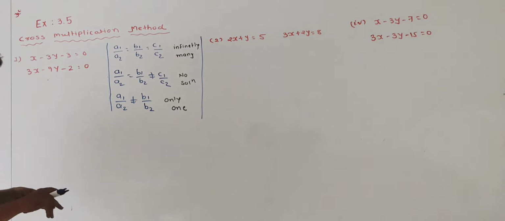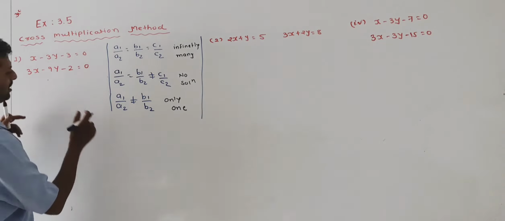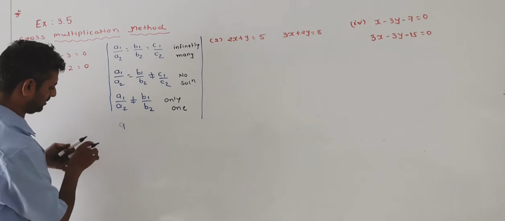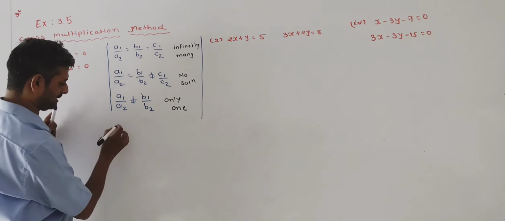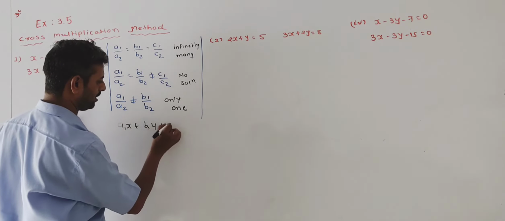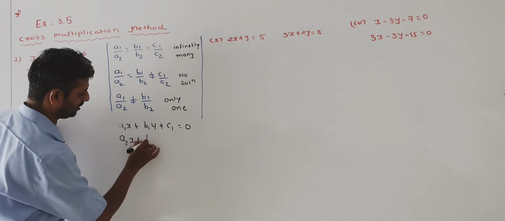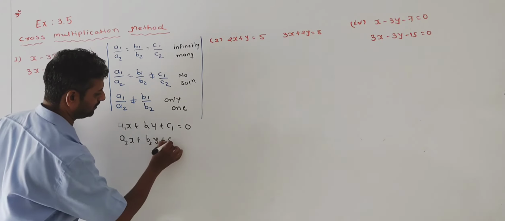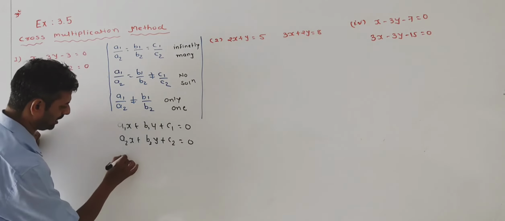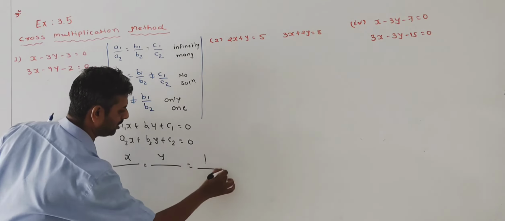Now for that, what you have to do first, in this type of example, suppose a1 x plus b1 y plus c1 is equal to 0, a2 x plus b2 y plus c2 is equal to 0, then x is equal to y is equal to 1 upon.